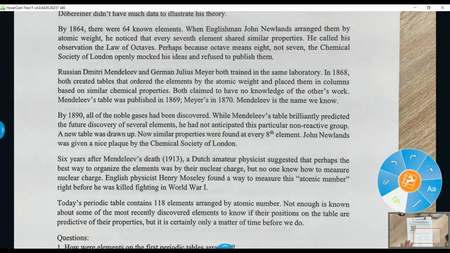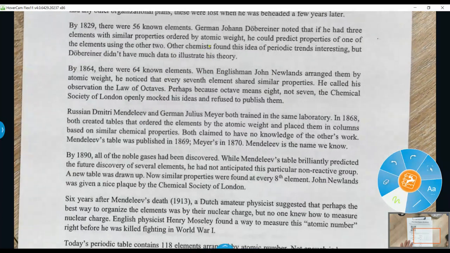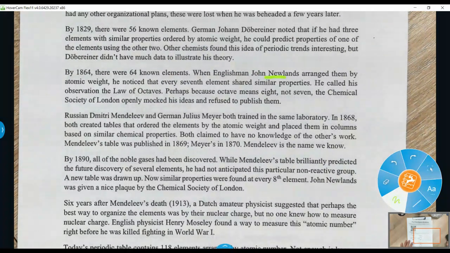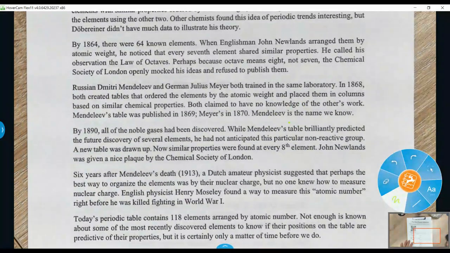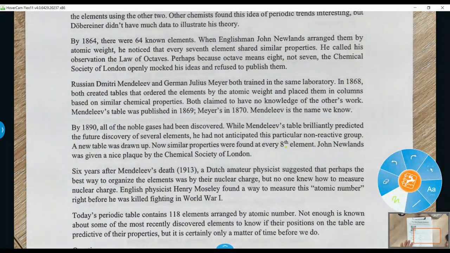He was the guy that tried to come up with the law of octaves, but it didn't work. But once they figured out that every eighth element had very similar properties, they went with that.